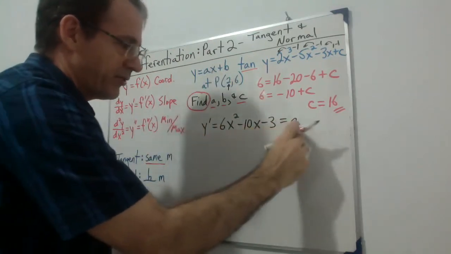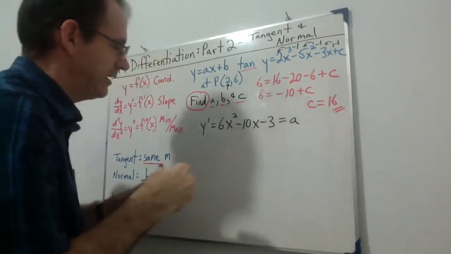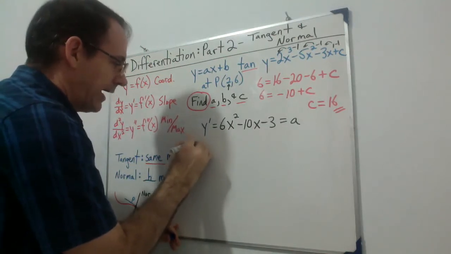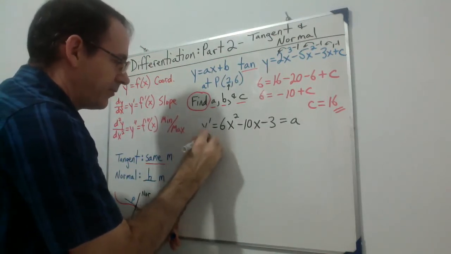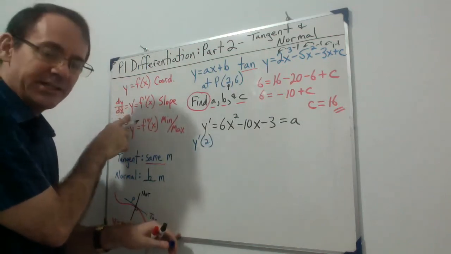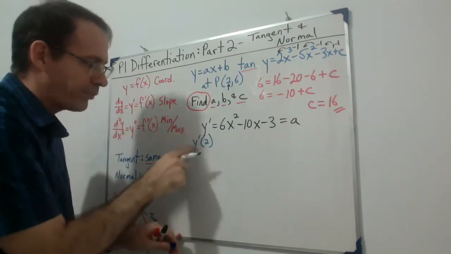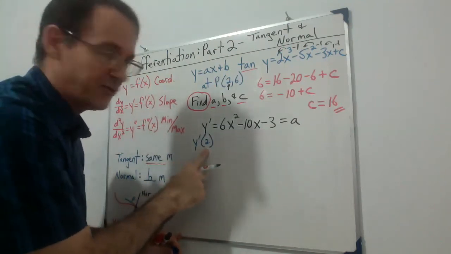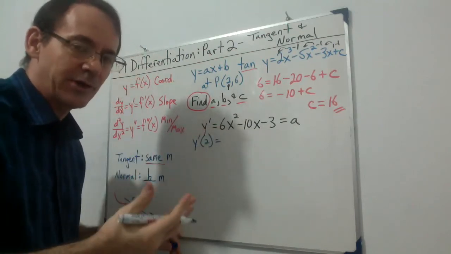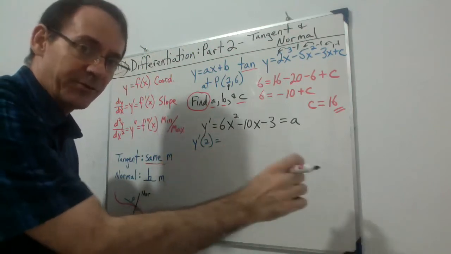So we can plug the 2 in here, and you could write this as y prime of 2, kind of like a mixture between function notation and derivative notation. So y prime evaluated at 2. Your notation is important because it helps you understand what you're doing. You're kind of giving yourself information here.